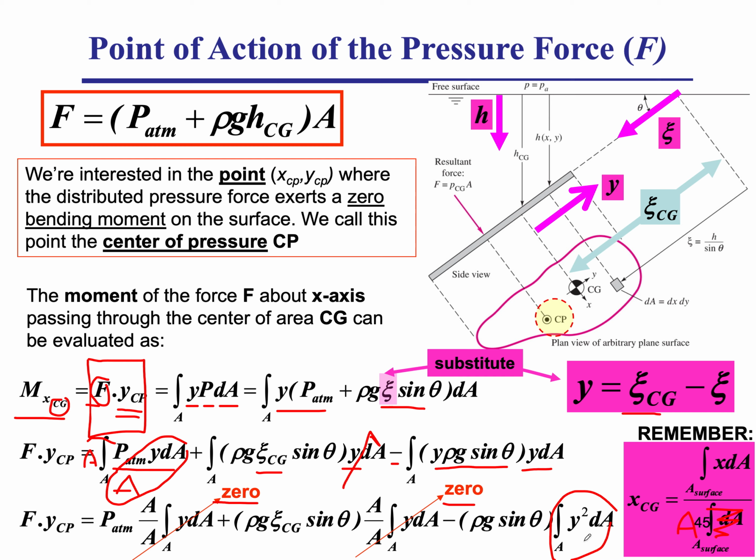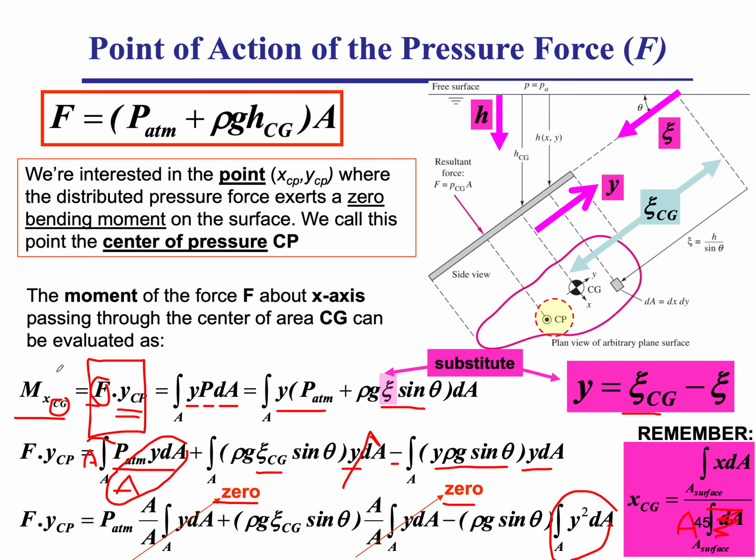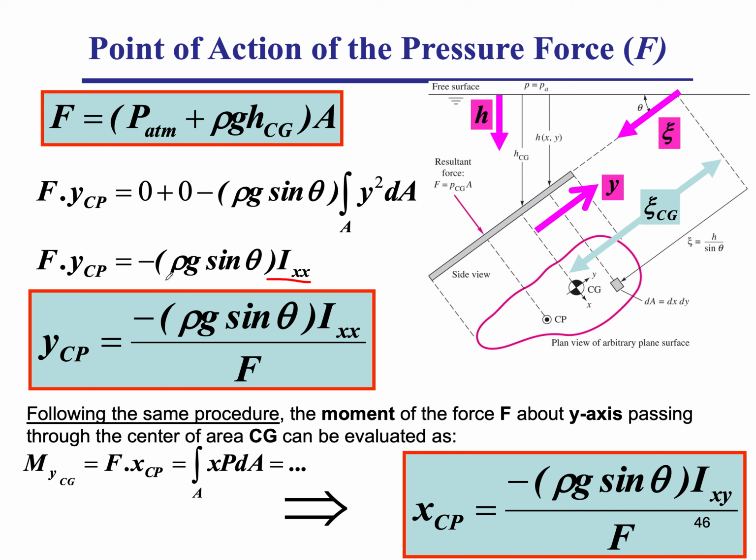That we will call the IXX, from your statics course or from your geometric calculus. So we found the moment about the center of gravity to be equal to rho g sine theta times the IXX. So there's actually a minus sign.